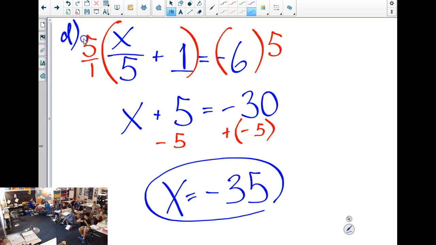So when I multiplied by 5, it all depends on what process you took. When I multiplied by 5, this 1 became 5. So this multiplication distributes to both things inside the parentheses. So it distributes here, but 5x over 5 just makes x. And it distributes to here also, which is why I have that 5.